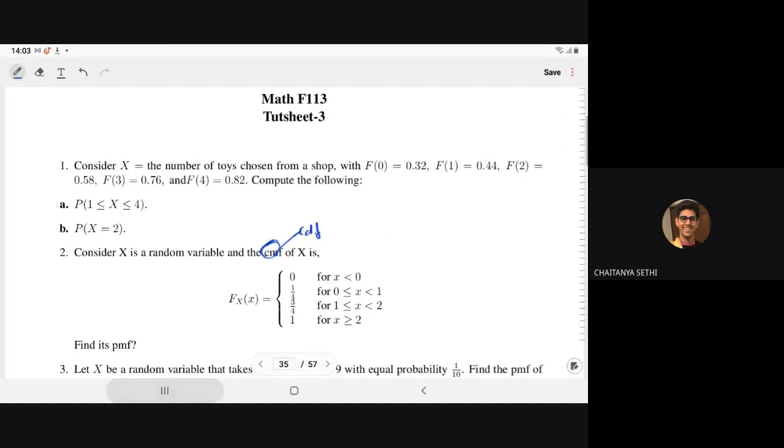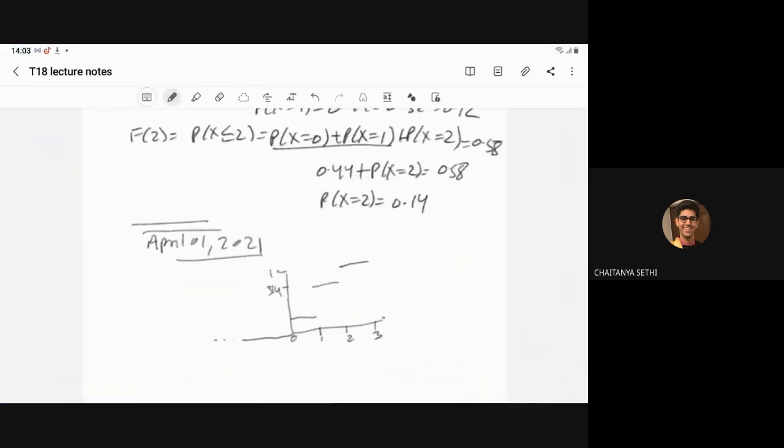Right. So in this case, you can see the CDF is a non-decreasing step function. And here we have jump discontinuities because at these points we have positive PMF.